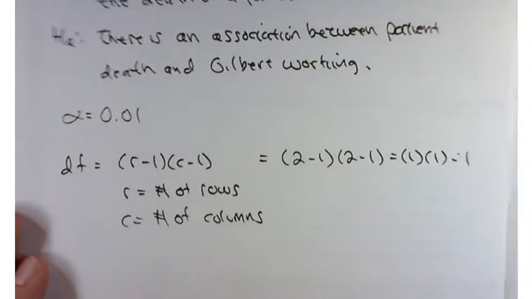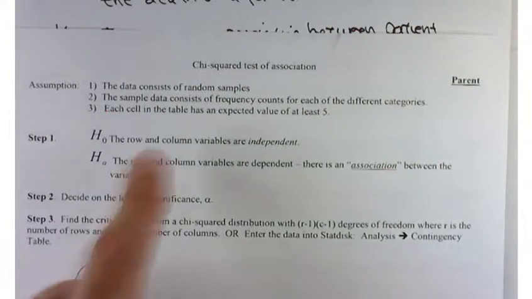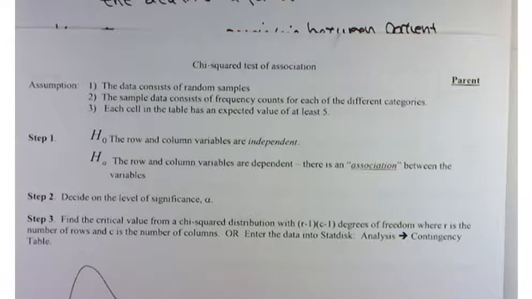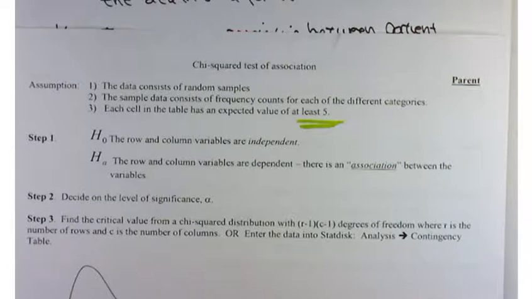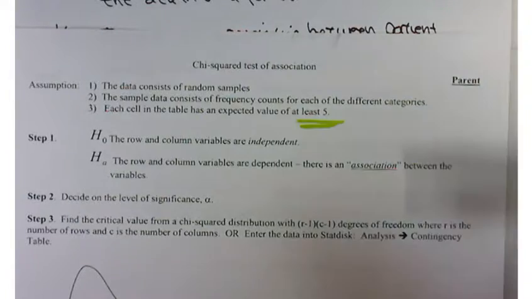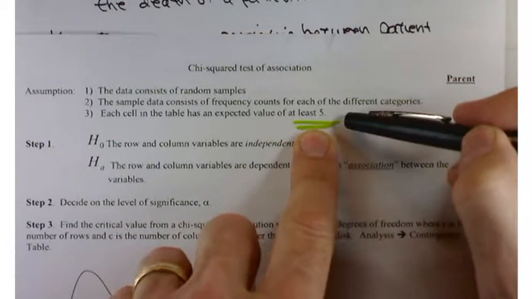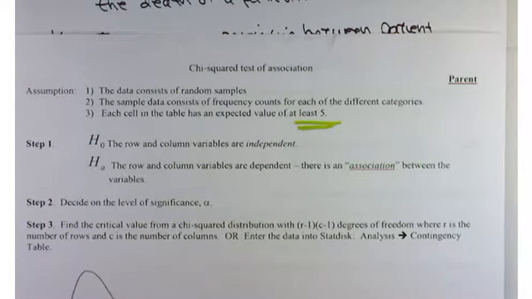Before we do our chi-square test, one other thing I should mention is that in your table, each cell should have an expected value of at least 5. There's a similar requirement for the chi-square goodness of fit test.